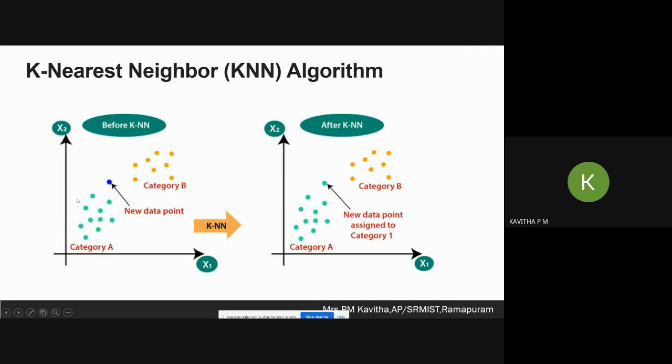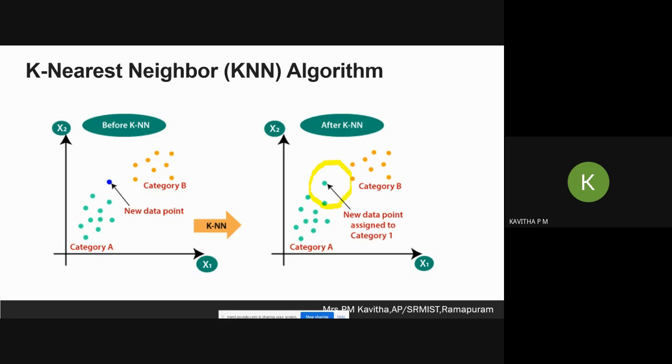In this case, a circle will be drawn around the blue dot, and it will map the closest neighbor available. Based on the distance, the very closest neighbor will be identified, and the new point will be converted to that category.